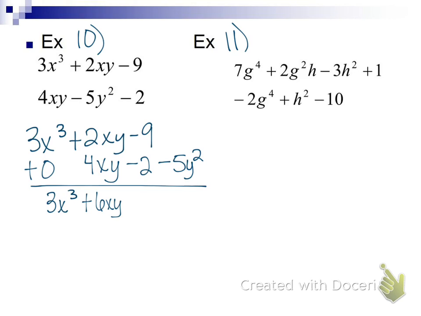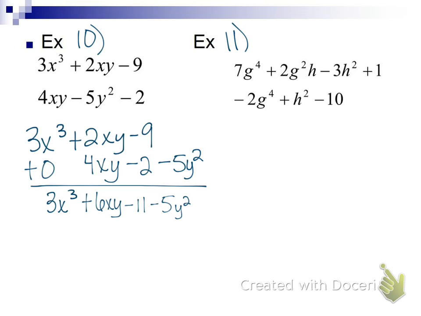Negative 9 plus a negative 2. We're just combining like terms. Negative 9 plus a negative 2. Negative 11. What's being combined with the minus 5y squared? Nothing, so it just stays minus 5y squared.